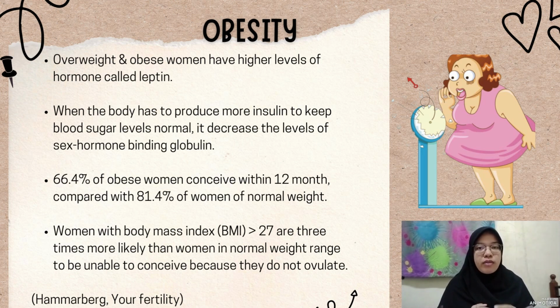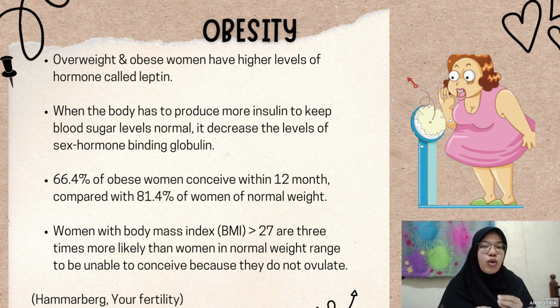One study found women who were obese were much less likely to conceive within 1 year of stopping contraception than women in a normal weight range. 66.4% of obese women conceived within 12 months, compared with 81.4% of women of a normal weight.